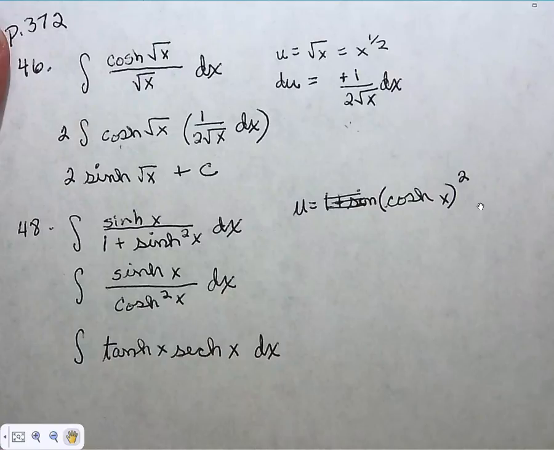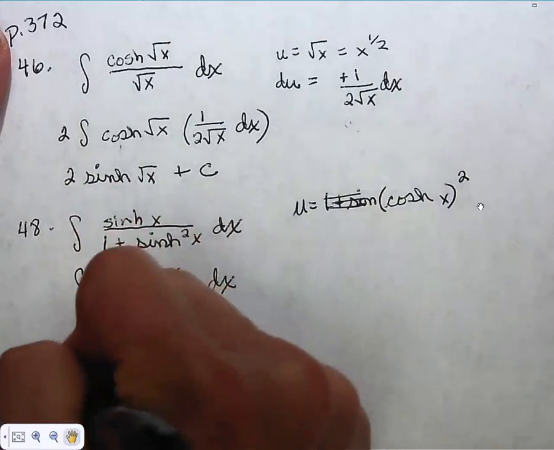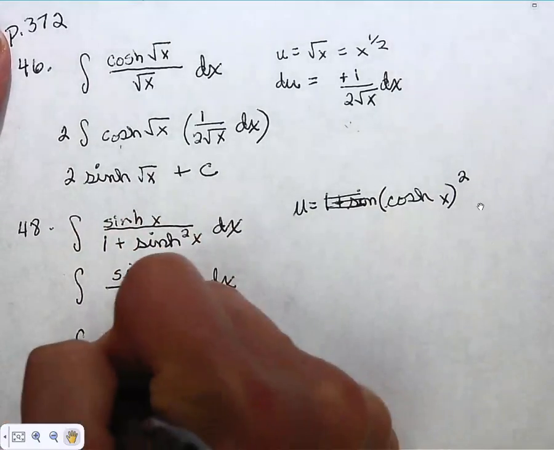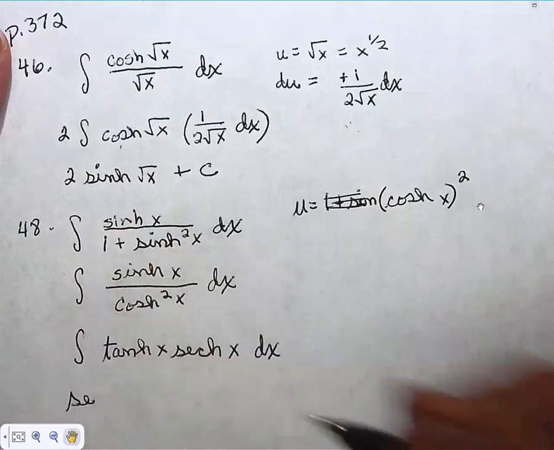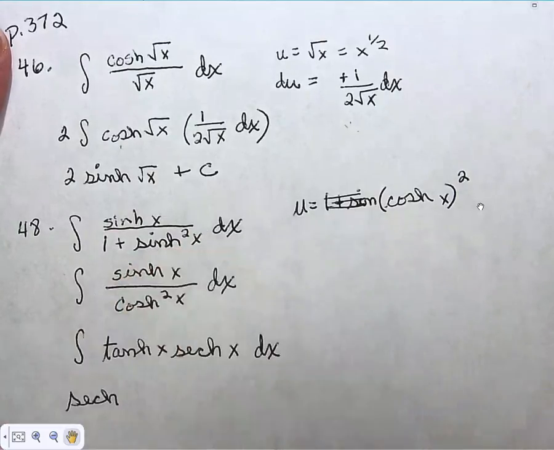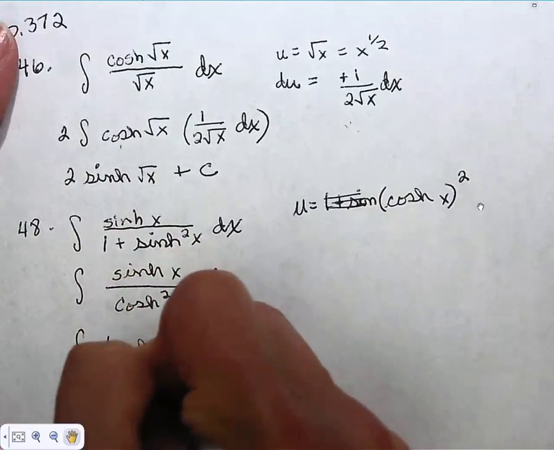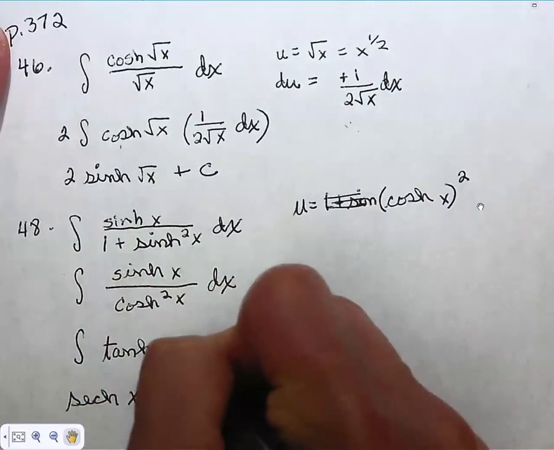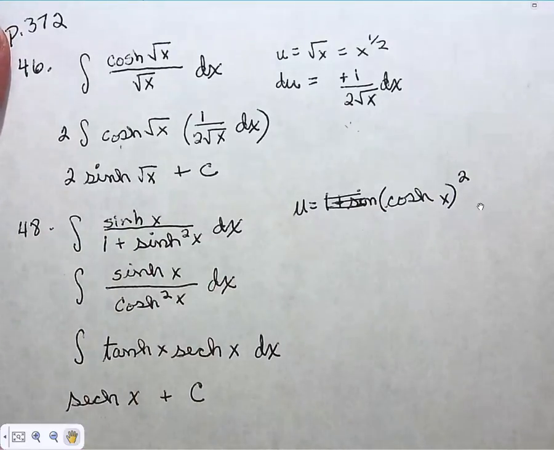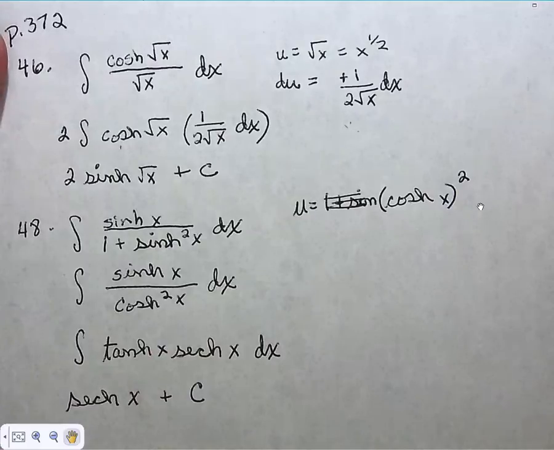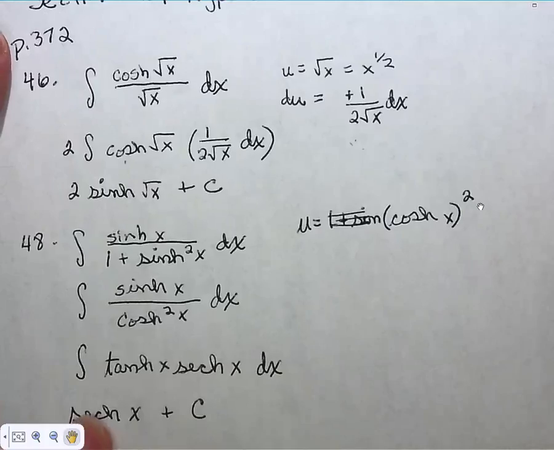Let's see, the function whose derivative is sech tanh is, I feel like I'm speaking some Teletubbies is what I feel like. Man, it's negative sech, yes, because the derivative of sech would be negative that.